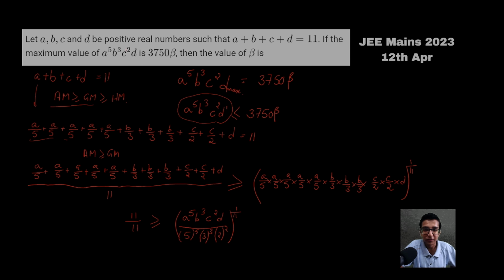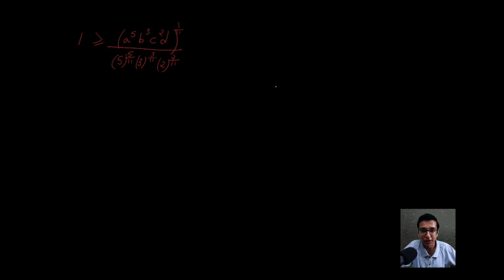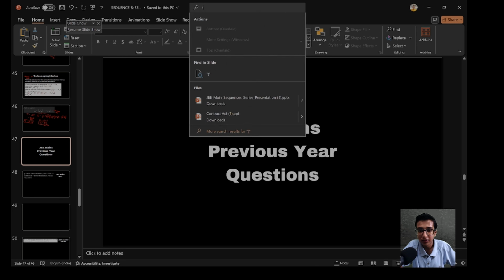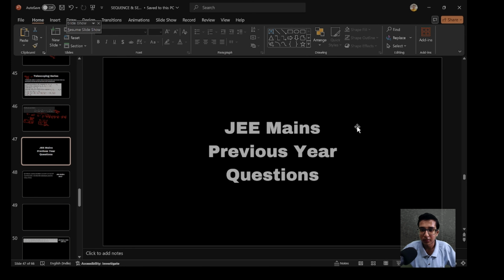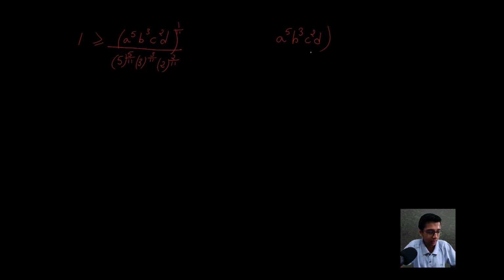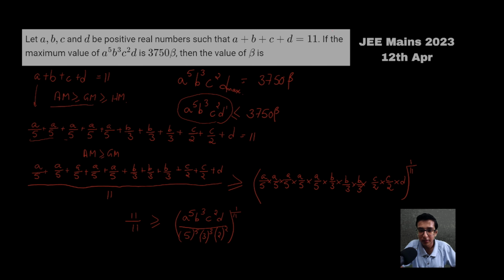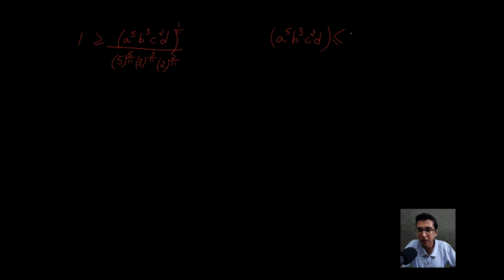And in the question we were also provided with the value of this. So we know one more inequality, which is a to the power 5 b cube c square d is less than equal to 3750 beta.